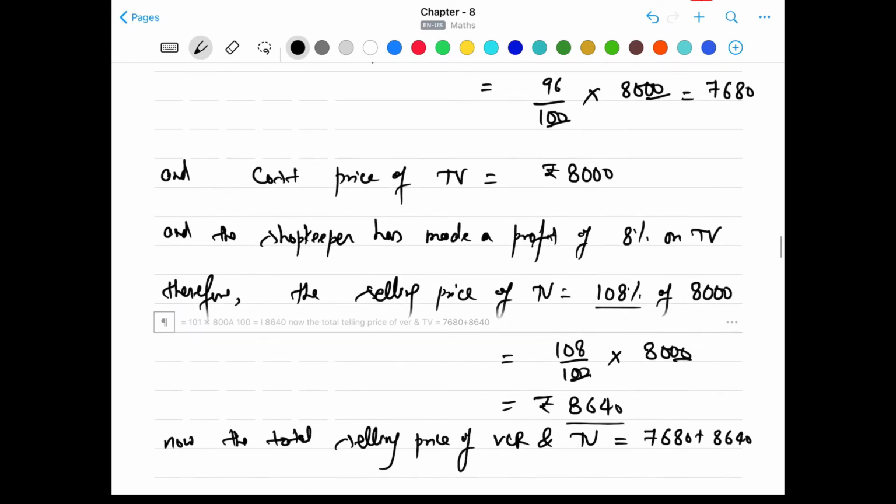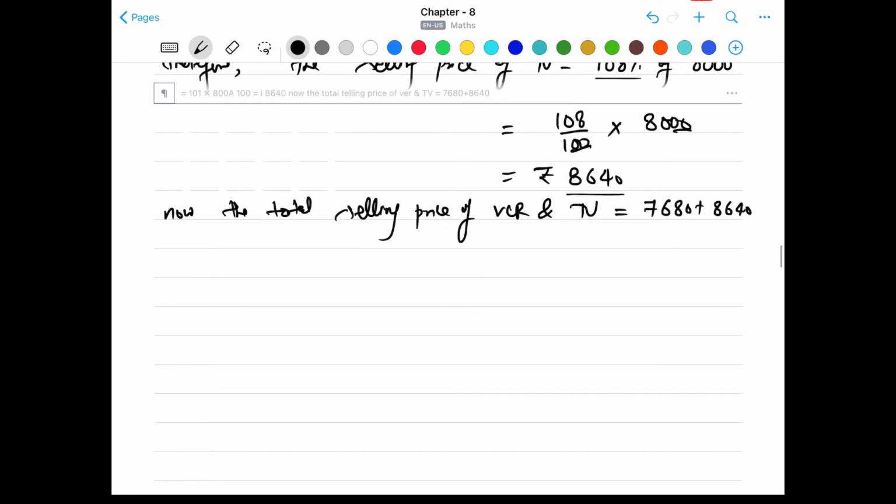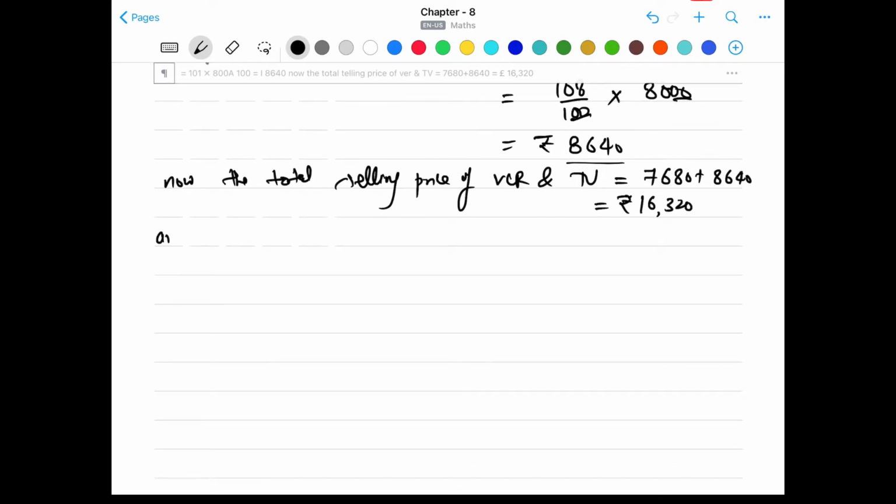After adding the two, you will get the total selling price as 16,320 rupees.